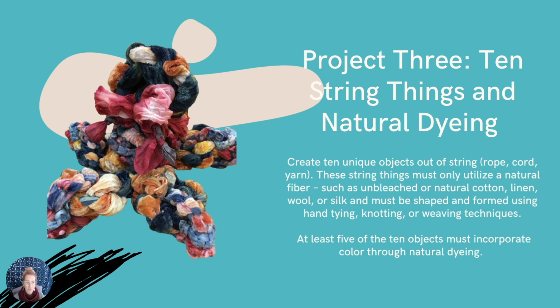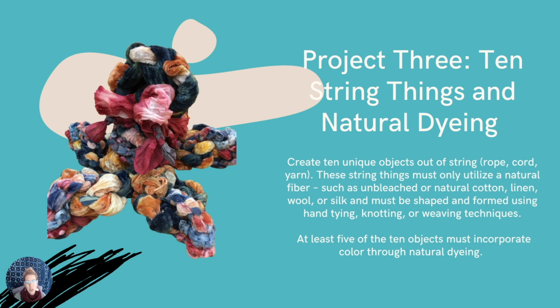And these string things, these fiber objects, must only utilize a natural fiber, such as unbleached or natural cotton, linen, wool, silk, bamboo, etc. You cannot use synthetics like polyester, nylon, or rayon for this project.